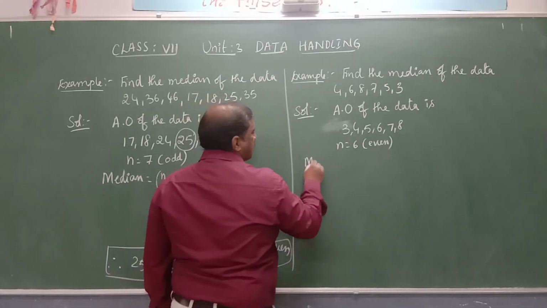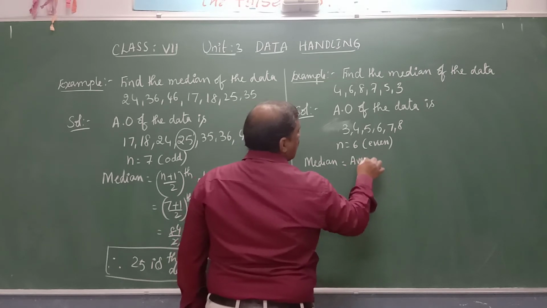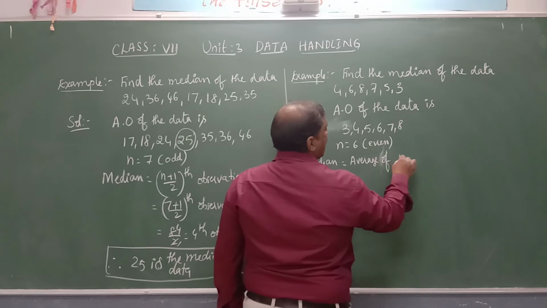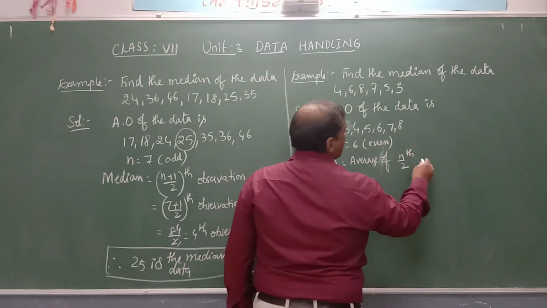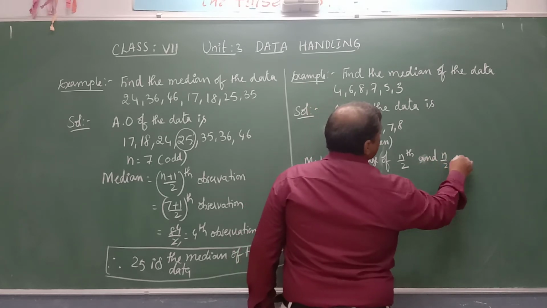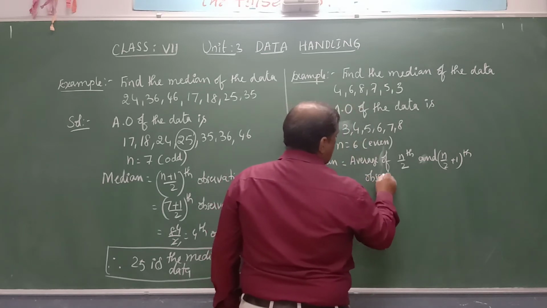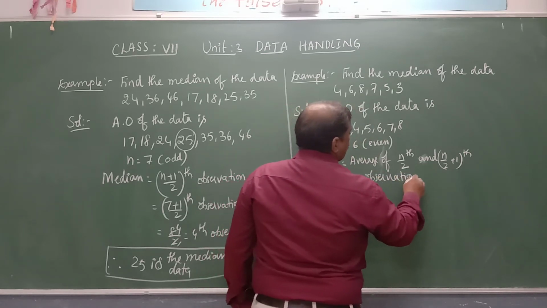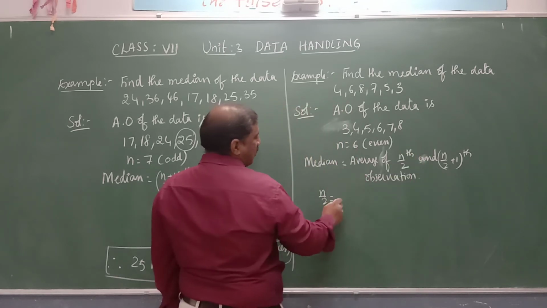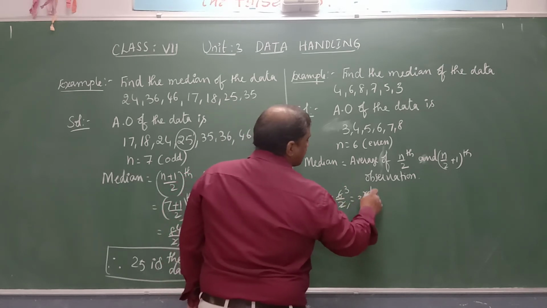Therefore median is equal to the average of the n by 2th observation and the (n by 2 plus 1)th observation. First find n by 2: n is 6, 6 by 2 is 3, that is the 3rd observation.